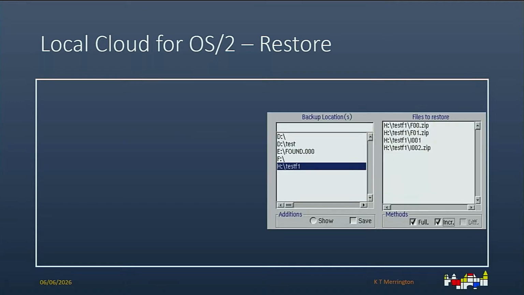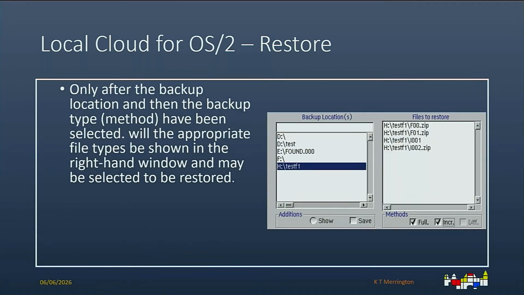If you define a particular location, you then have to define, am I only going to look at full or only look at incremental or differential backups? You can say full and incremental, and it will show you that list.